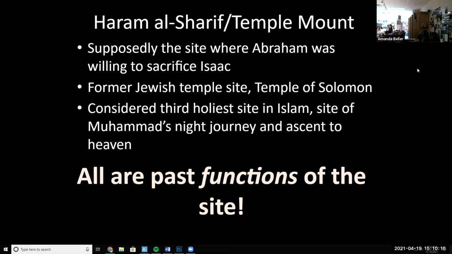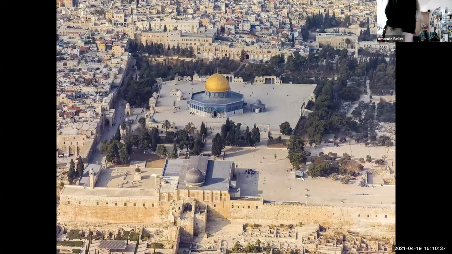He also got to see Jesus and God and heaven and hell. And so he came back and reestablished Islam. So all that happened at this same rock. It's a very important rock. Plus there was a pagan temple here. So these are all different functions of this site.